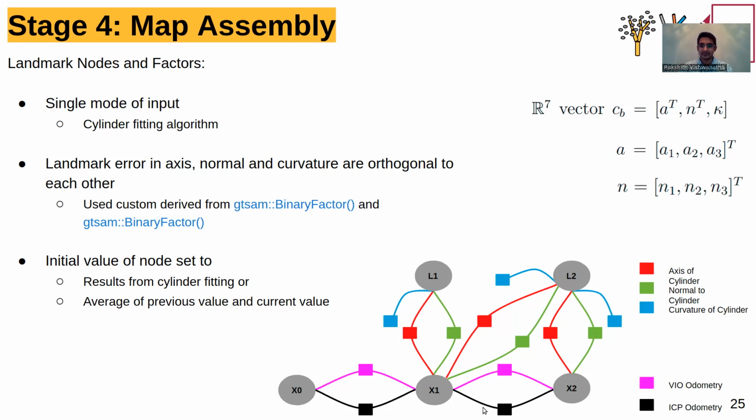And the nodes in this case represent the pose of the robot and the landmarks or the branches of the tree. And these factors help in directing this marginalization process so that when we get the optimal values for these nodes, they have some kind of error metric to rely on to direct the optimization so that the prior values added to the node reach the desired final values.